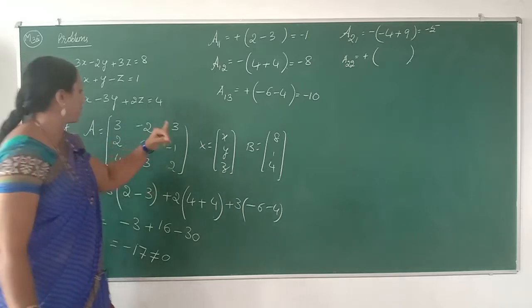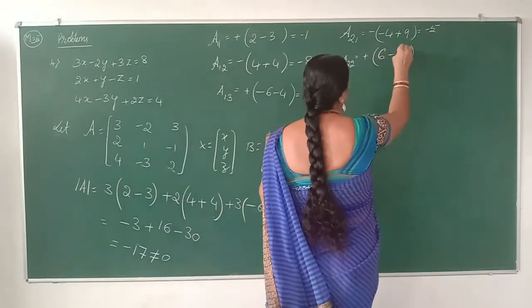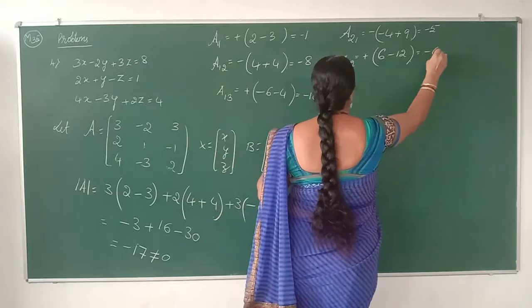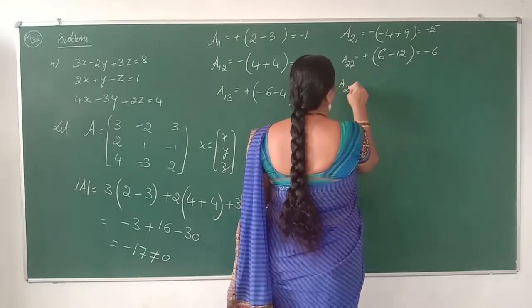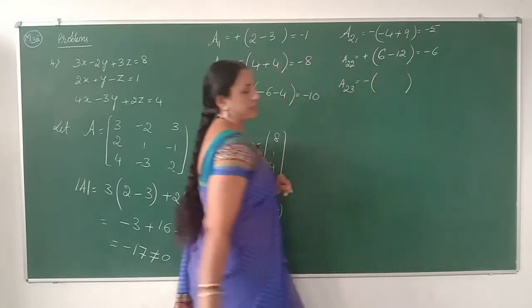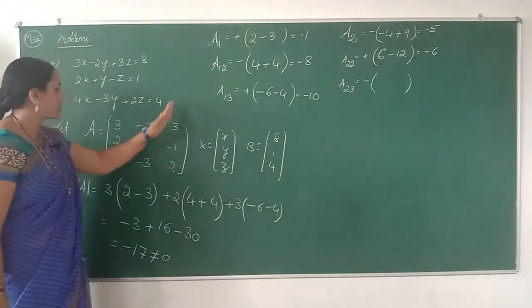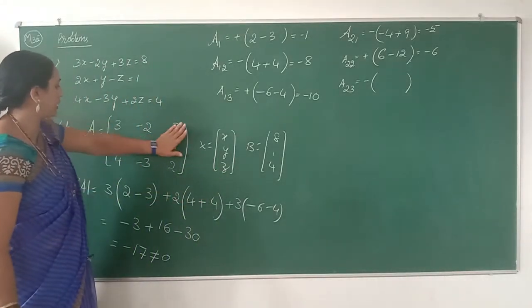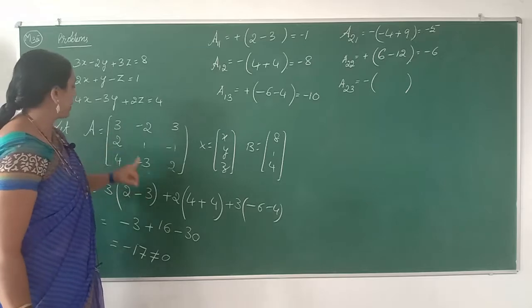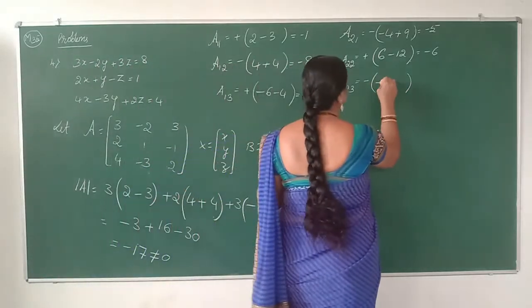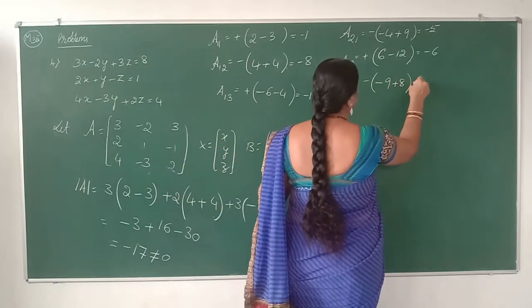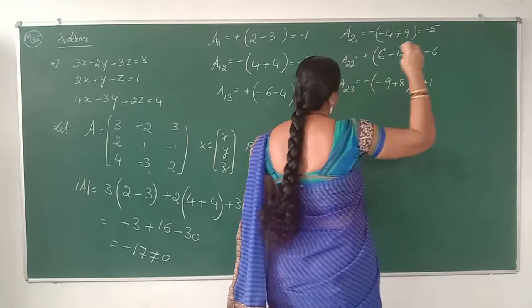That is 6 minus 12, which is minus 6. A23, multiplied by minus, an element of second row, third column, and these get neglected. That is minus 9 plus 8, is minus 1, minus into minus is plus 1.